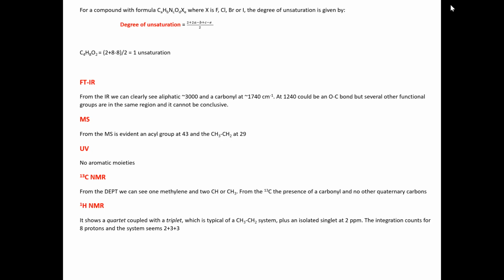On the proton NMR, you can say that it shows a quartet coupled with a triplet, typical of CH3, CH2 next to each other. There is a singlet isolated at 2 ppm. The integration counts for all 8 protons. So again, like you always state the proper number of carbons, you always on the proton NMR take into account the whole number of protons.